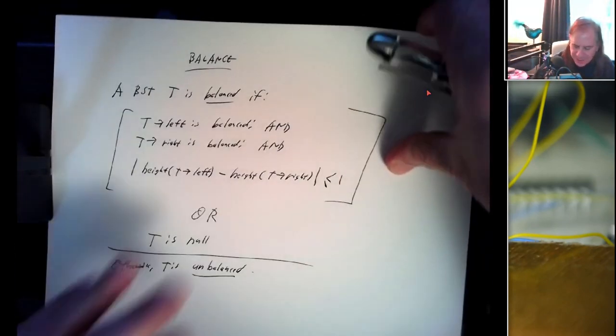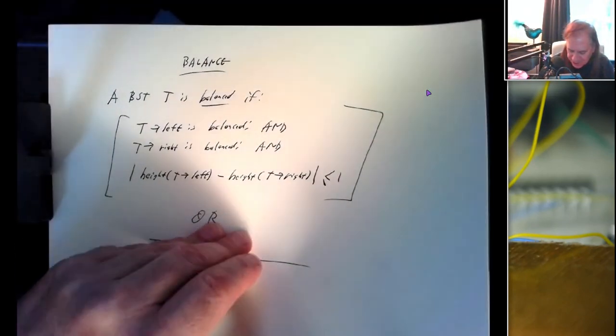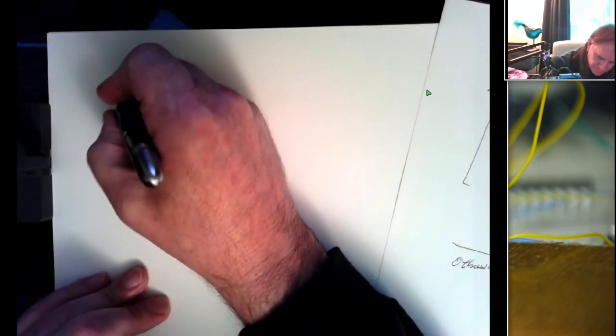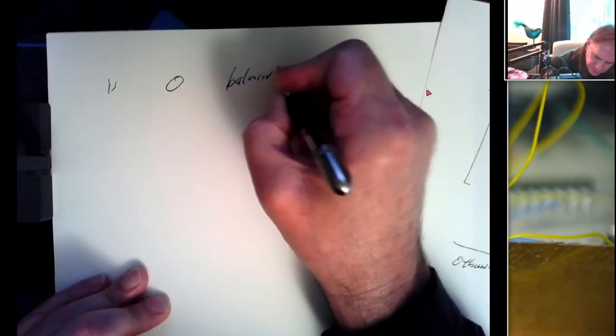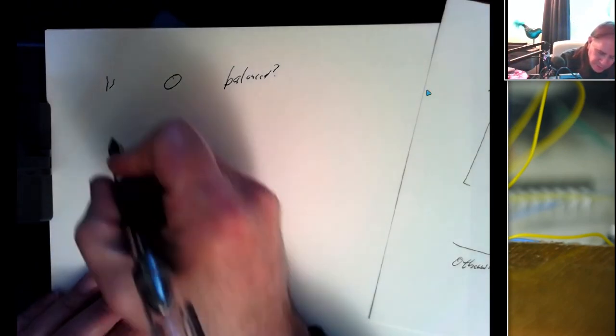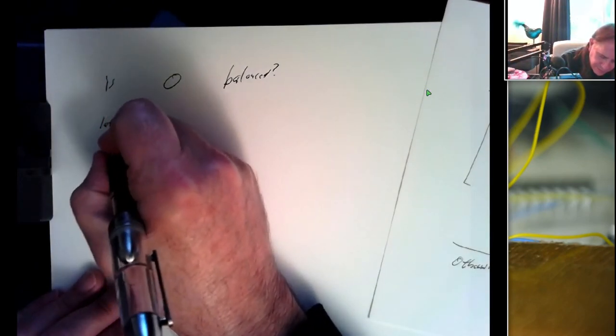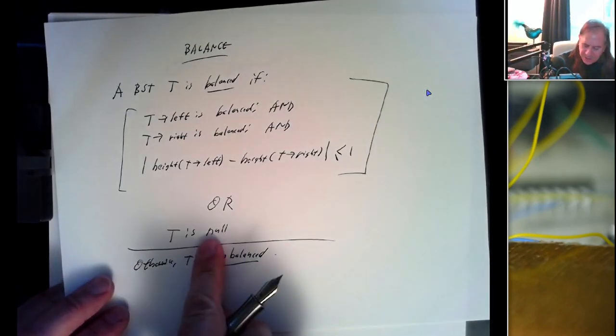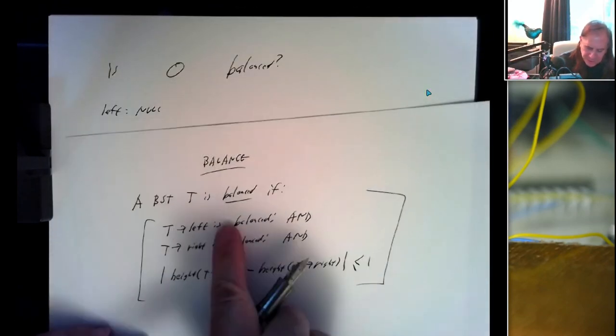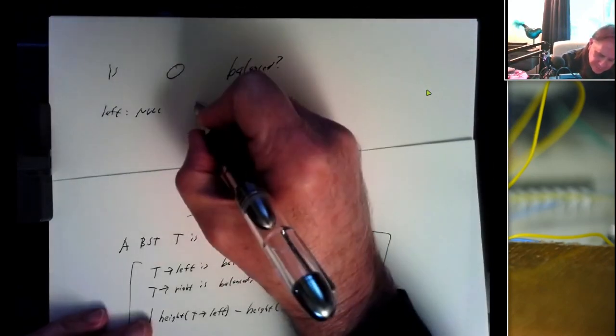So let's look at some trees and see whether or not they're balanced. Let's look at a tree containing a single node. So is this tree containing a single node balanced? Well, the left child is null. And we've said a binary search tree T is balanced if T is null. So the left tree is balanced.